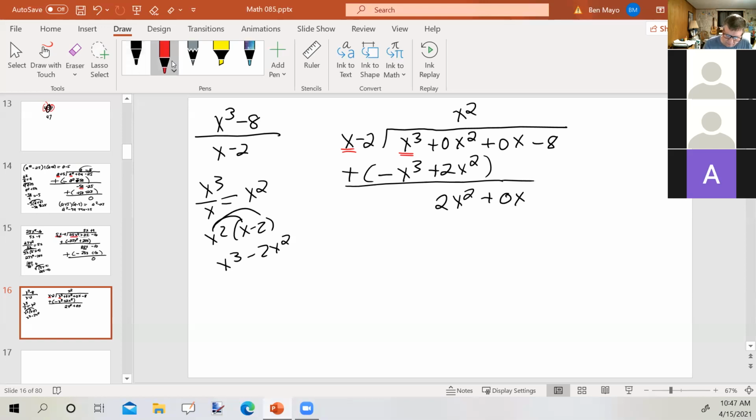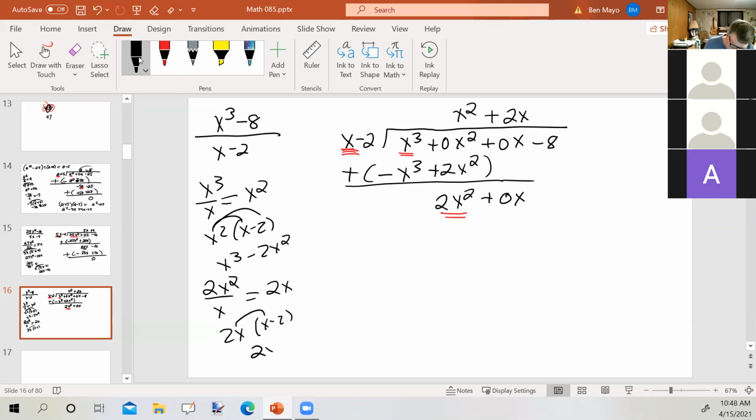We're going to start all over. Inside divided by outside leading term. 2x squared divided by x is 2x, so plus 2x. 2x times x minus 2, 2x squared minus 4x, 2x squared minus 4x.